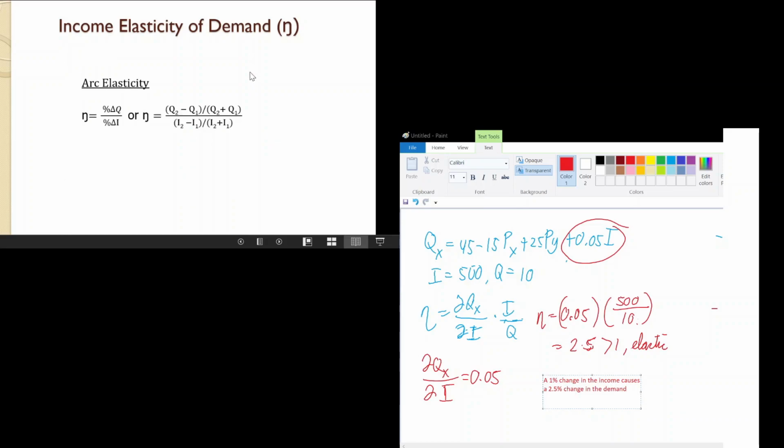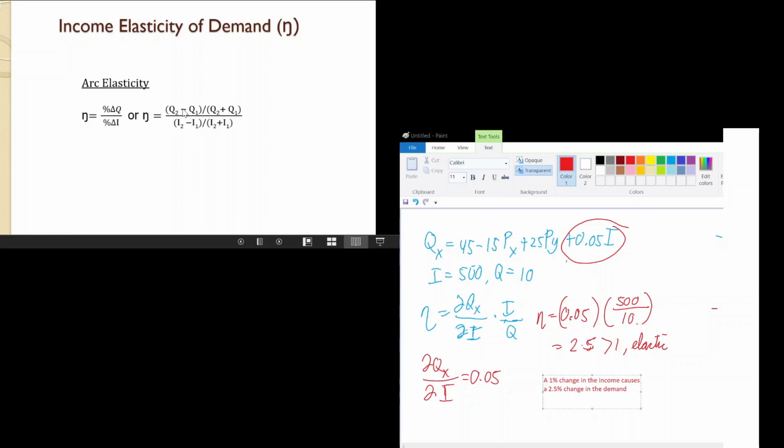Now, let's go to arc elasticity. So, ito yung formula. Percentage change in Q over percentage change in I. So, if you can see, parehas lang sila nung formula nung arc elasticity natin doon sa own price. Ang nag-change lang, eto, yung nasa baba. So, from P, ngayon, I na siya.